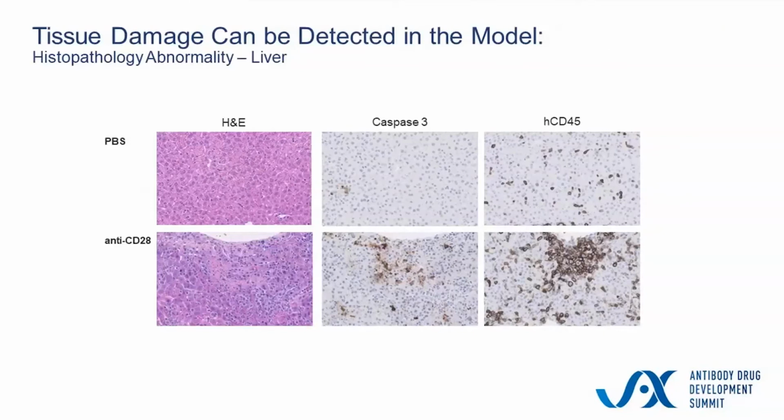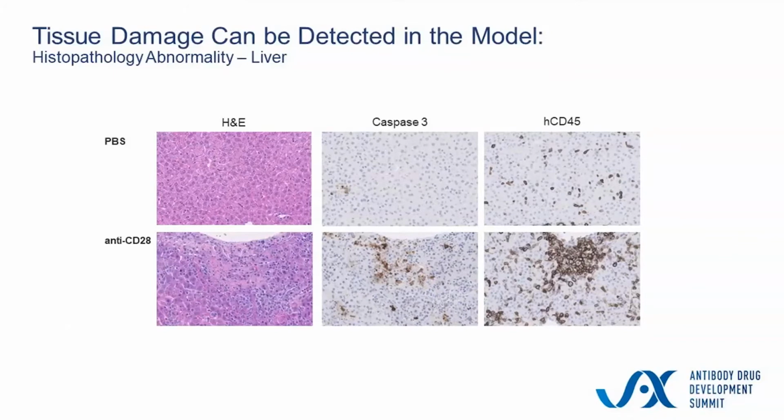This is showing abnormalities in the liver of these mice. This is comparing PBS to anti-CD28, with H&E staining, caspase-3 staining, and staining for human CD45 levels. For the H&E staining, with PBS in the top left, on the bottom left you can see high levels of human immune cells infiltrating the liver of these mice 4 days post-treatment, single dose.